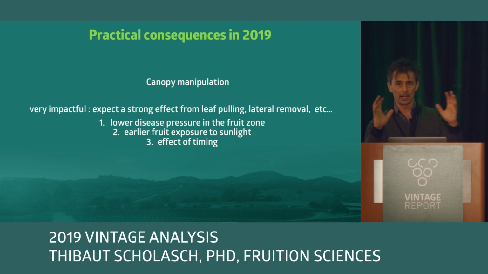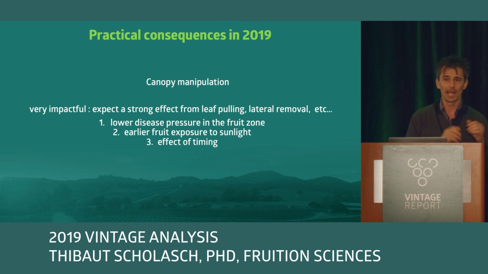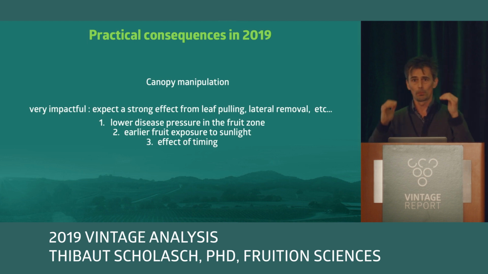So here we are entering this very interesting window where it wasn't so much a play on irrigation, but rather a play on modifying the size of the transpiring leaf area that could induce more or less stress in the context of 2019. It would not have been the case in 2016 or earlier, for instance.